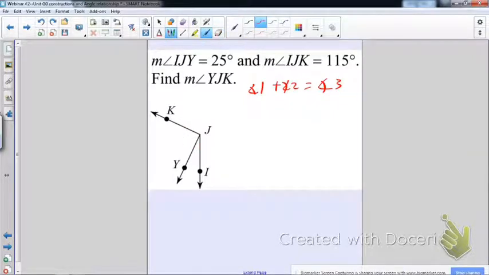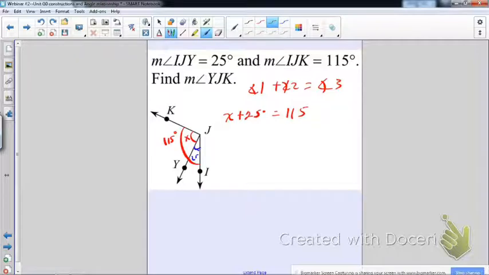So let's look at the information that's being given to us so that we can identify what we have. So I, J, Y is this little piece here, and that is going to be 25 degrees. Then it says, and I'll put it in red, I, J, K. So the entire thing, this one here, is 115 degrees. So what we want to know is this piece here, which we're going to label X. So now I have X plus 25. X plus 25 degrees is equal to 115 degrees.